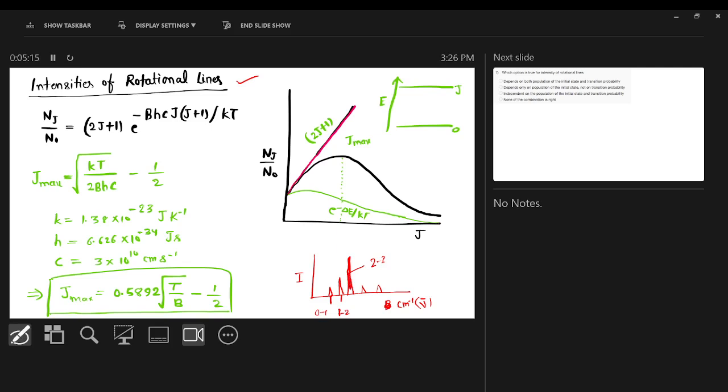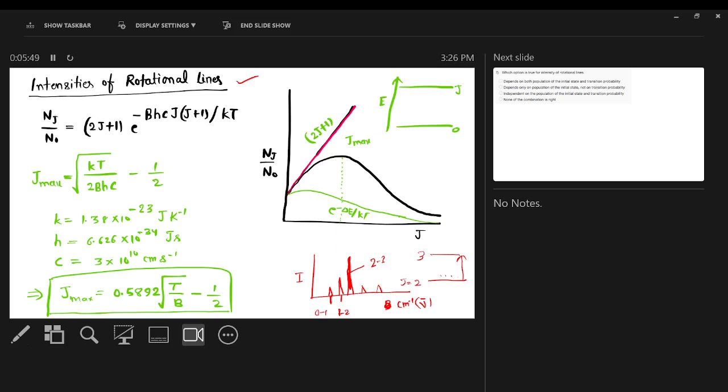It means the transition between J equal to 2 to J equal to 3 is maximum. This happens when the population, that is the number of molecules in J equal to 2, is maximum.